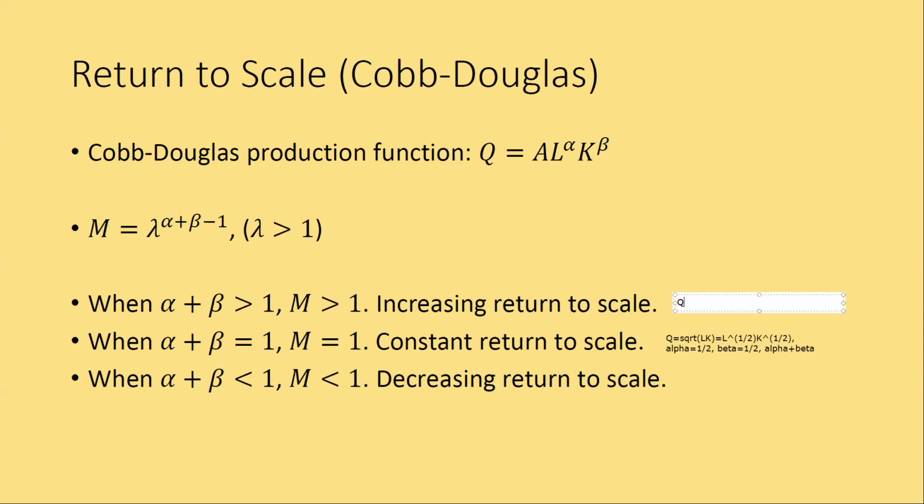So here, if q equals L times k, for example, then it is effectively L to the power of 1 and k to the power of 1. Alpha equals beta equals 1, and alpha plus beta equals 2.